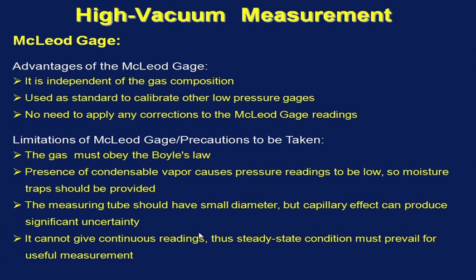The capillary effect should not be there. So, the diameter of the measuring tube or the capillary should not be so small that capillary effect can produce uncertainty in the reading. Since the McClure gauge cannot give continuous reading, steady state condition must prevail during measurement for useful measurement.